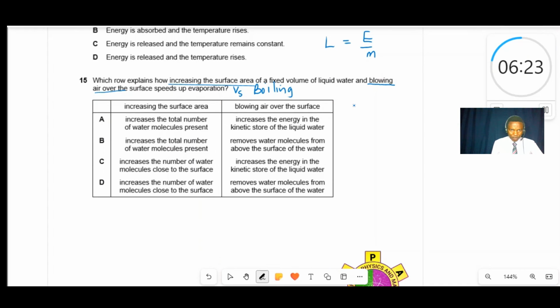So the answer is D. Increasing the surface area increases the number of water molecules close to the surface, and blowing air removes water molecules from above the surface of the water. So this one removes water, and this one increases the number. So that is the answer to this particular question. All right, so let's see the next one.